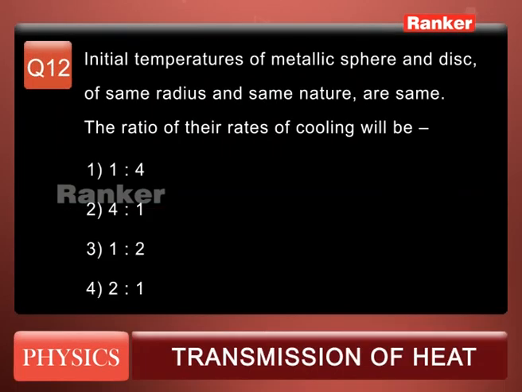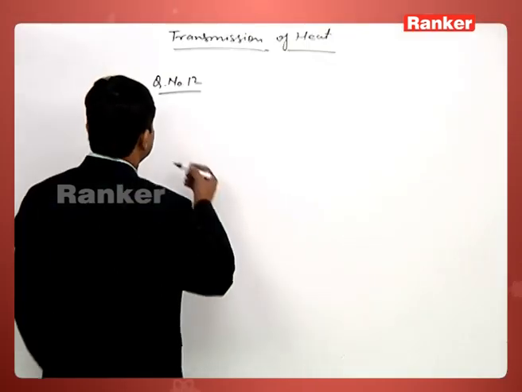Question number 12. The initial temperatures of a metallic sphere and disk of the same radius and same nature are the same. The ratio of their rates of cooling is: first option 1:4, second option 4:2:1, third option 1:2, and the fourth option 2:1.